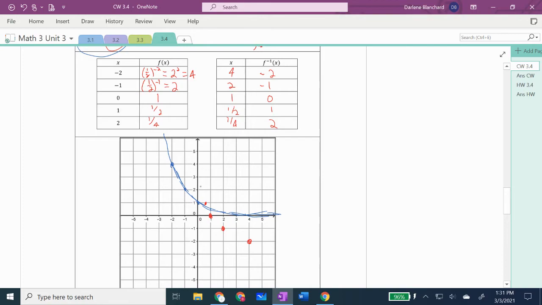And 1/4, 2. You recall that the exponential decay model has an asymptote that is effective in the positive x-axis. That means the positive y-axis will have an asymptote for its inverse function. So you should see this asymptoting up.